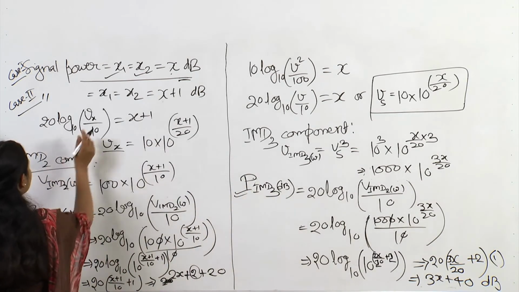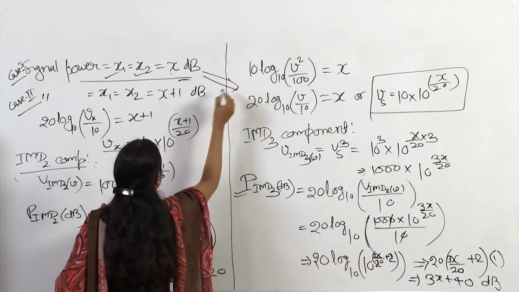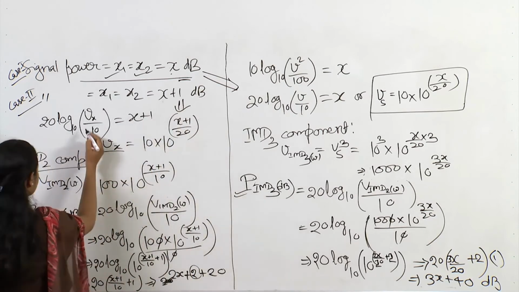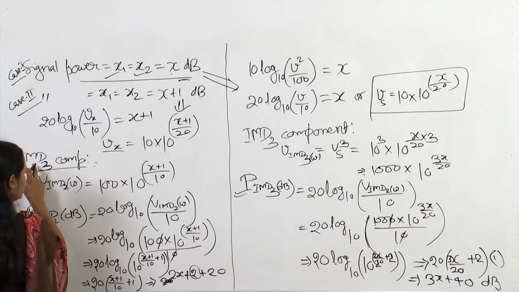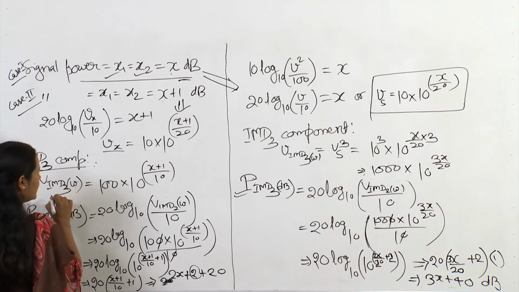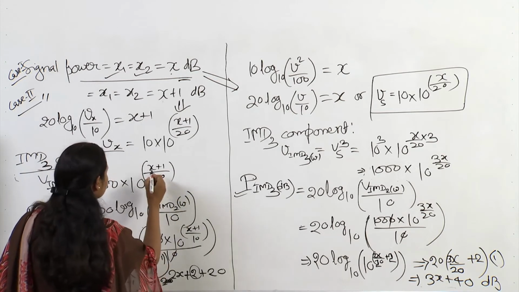Similarly, if I increase our signal power by 1 dB, then I am calculating for the third intermodulation product, then what will happen, we can take the calculation from there.